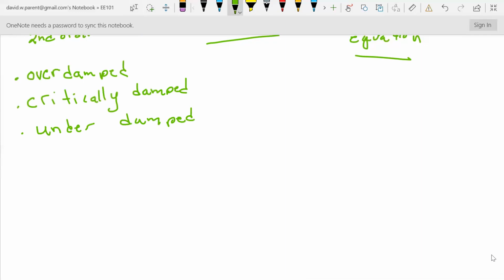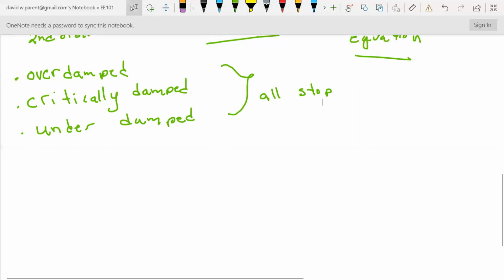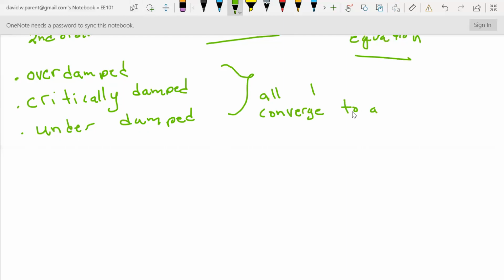Now, the thing about all of these, I'm going to use a fancy word here: they all converge to a finite number eventually.